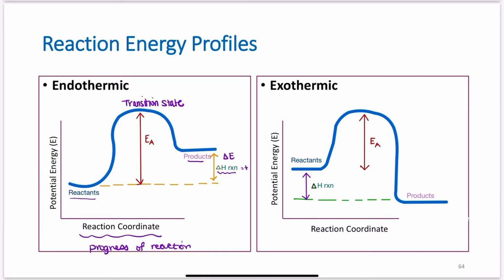And we can see, again, for exothermic, same type of process, your reactants to products, except the change in energy here, the delta H, would be a negative value because it's exothermic. Again, you can call this progress of reaction if you feel like it. If it makes more sense in your brain, I don't care. But it's a potential energy diagram.